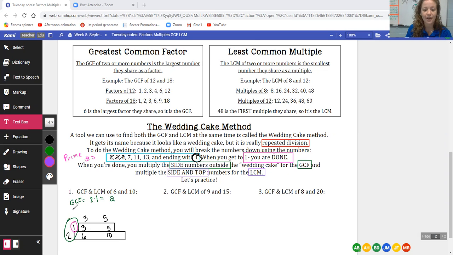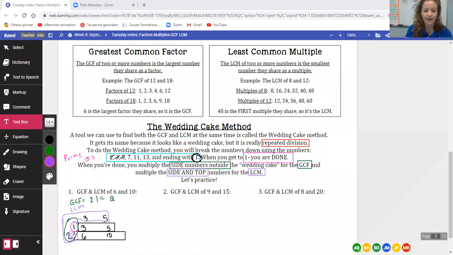All right, and for your LCM, you multiply the side and the top. Here's a trick for you. It kind of looks like an upside down L. So that's one way to remember that.